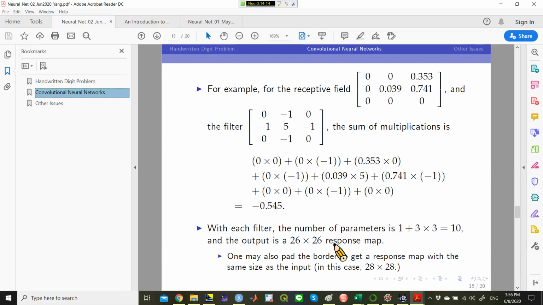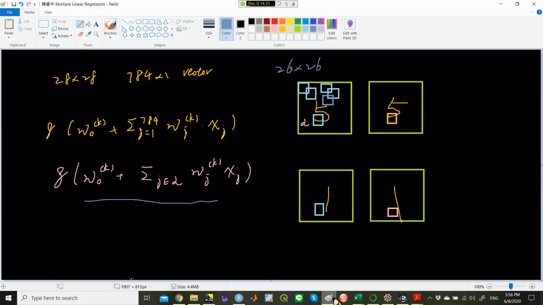Somebody is worried about it. Somebody says, but here, our response map is 26 by 26, smaller than the original 28 by 28 input. So somebody says we should pad the borders. Originally we have a 28 by 28 matrix, which goes like this.